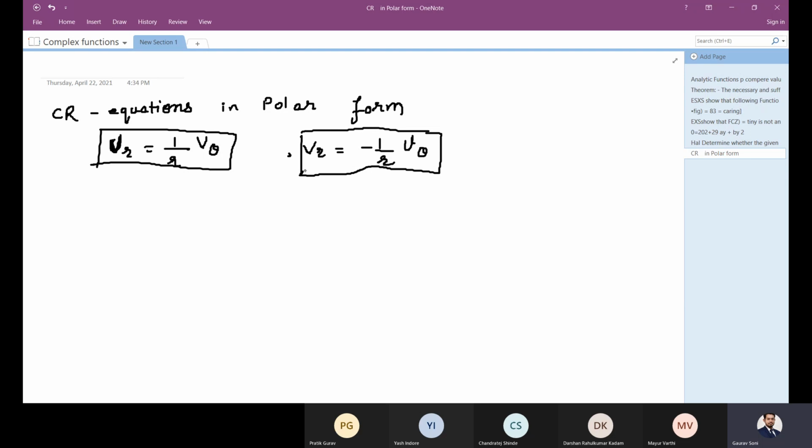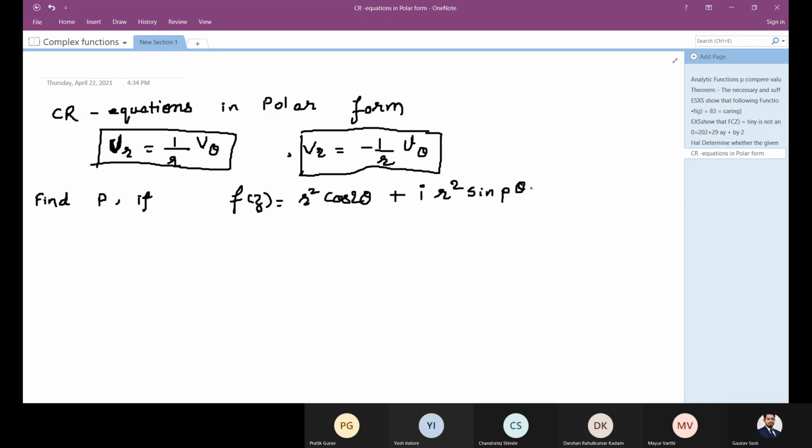So quickly one example: find p if f of z is equal to r square cos 2 theta plus i r square sine of p theta is analytic.